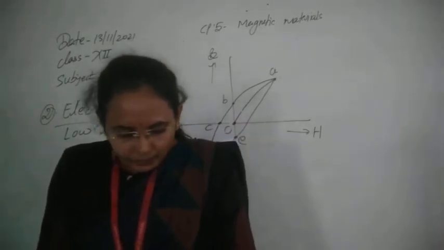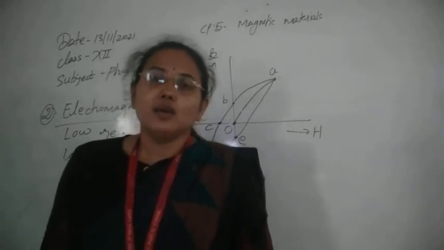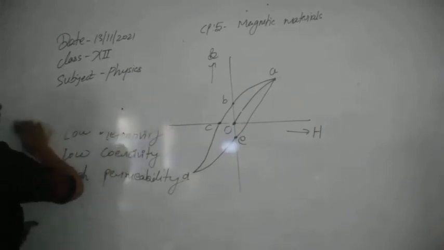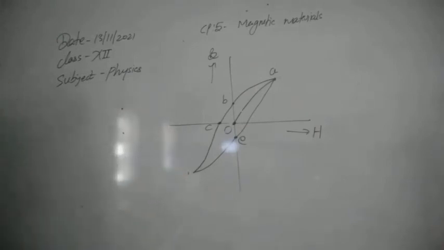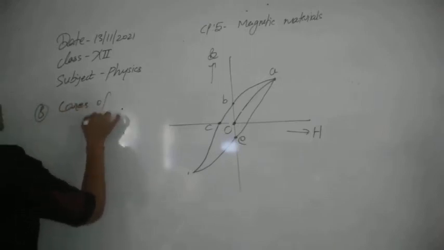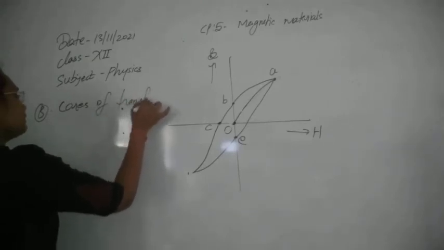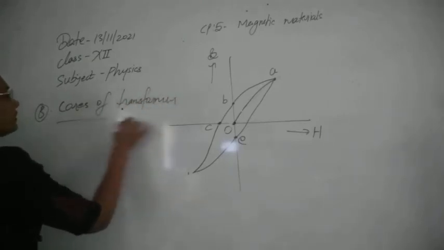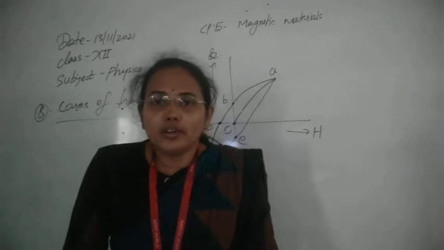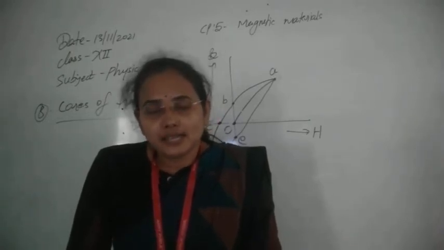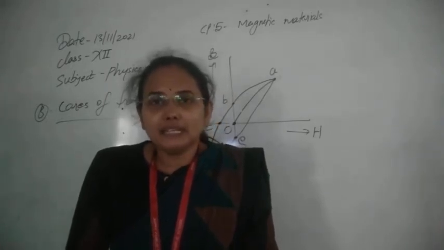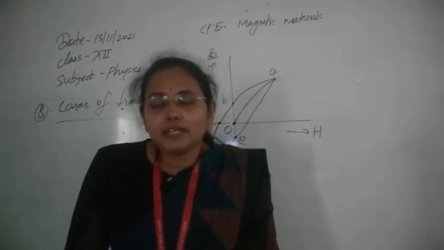Now the third topic after that is the cores of transformers or solenoids. Let's see what the properties should be to construct these cores. A transformer core works on the principle of mutual induction, and a solenoid is a coil of wire carrying current, producing a magnetic field. As the magnetic field is produced, we need a material through which the magnetic field can be produced easily.